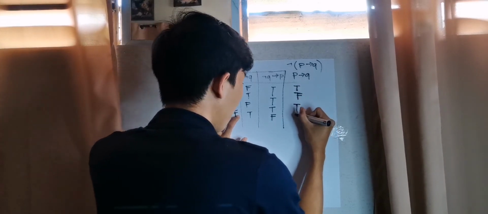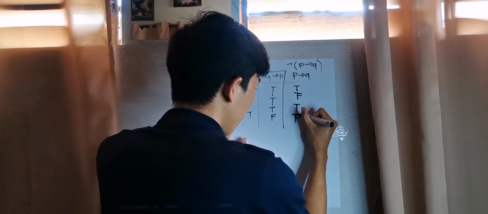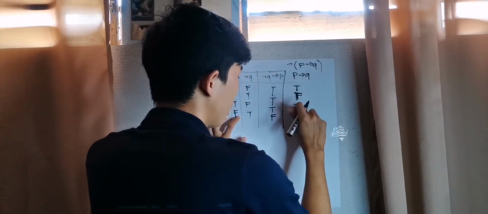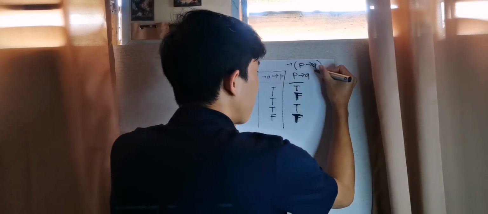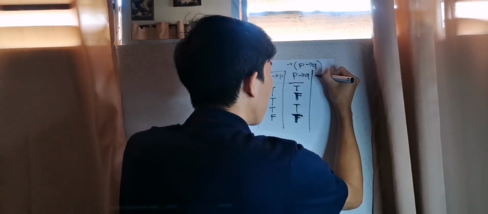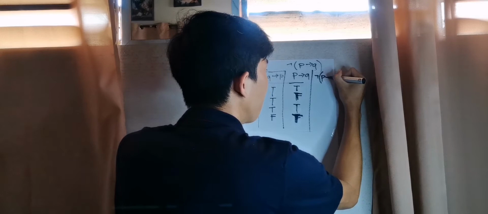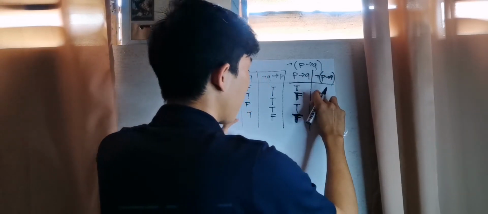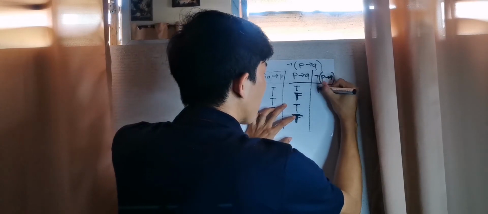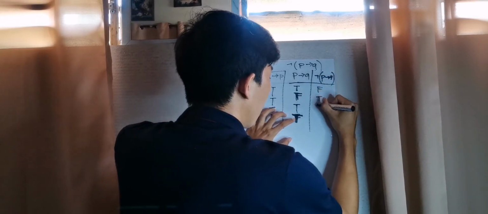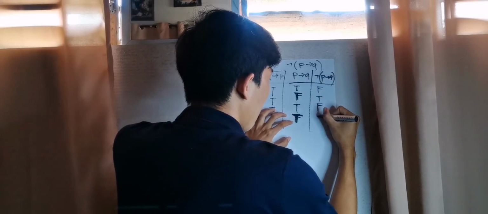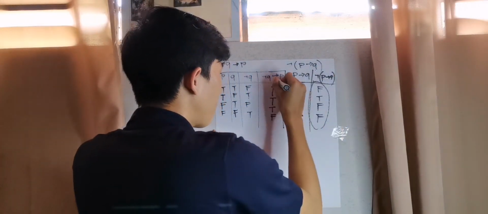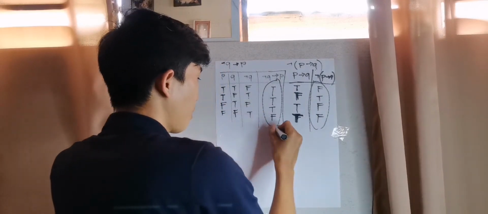And since false and false, our answer is true. True, false, true, true. Since we need to negate P implies Q, our negation is the reverse. So false, true, false, false. That is our second statement. This is our first statement.